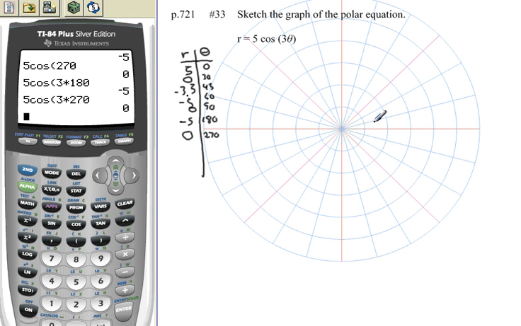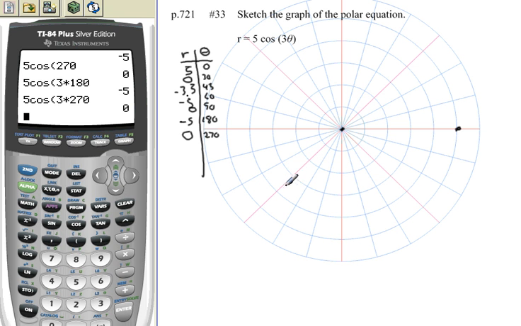Okay, so let's graph these points. First of all, if my angle is 0, my radius is 5. 1, 2, 3, 4. So I've got a point right here. If my angle is 30, my radius is 0. So 30 is right here, radius of 0. If my angle is 45, so 45 degrees is right here, my radius is negative 3.5, I believe.